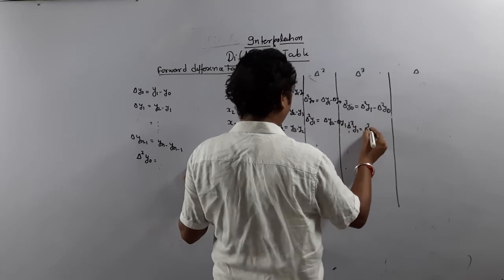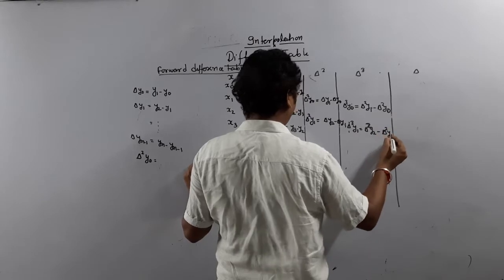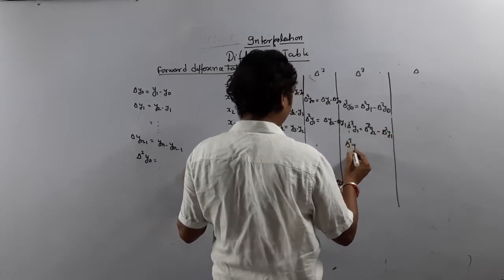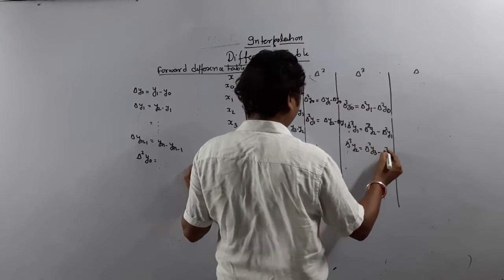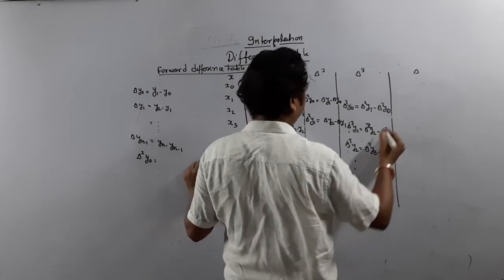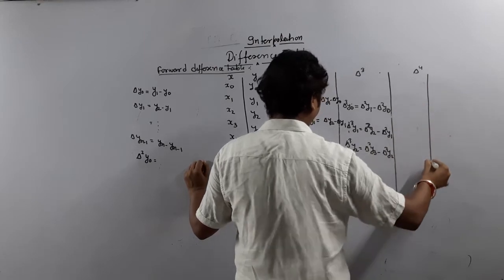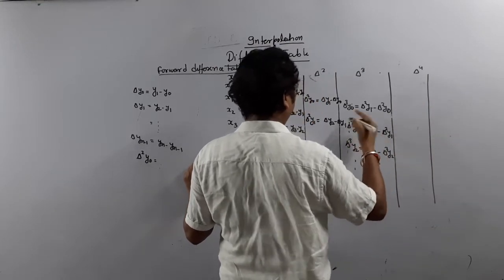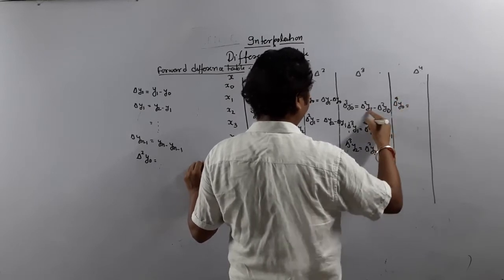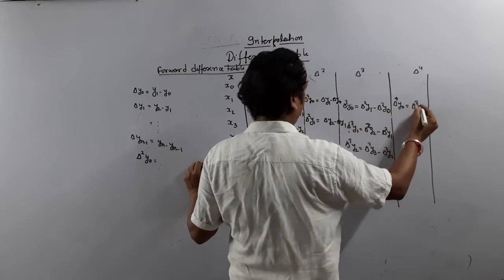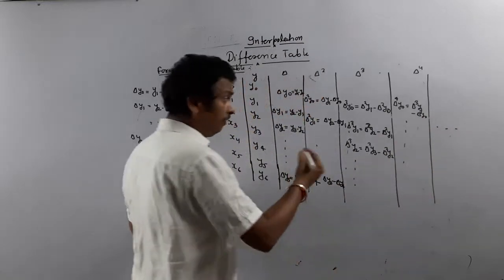This is del square y2 minus del square y1. What is del cube y2? This is del square y3 minus del square y2. In that way. Then we go for del 4. So, what is del 4 y0? It is the difference of these two, del cube y1 minus del cube y0. And in the same way, we go on.